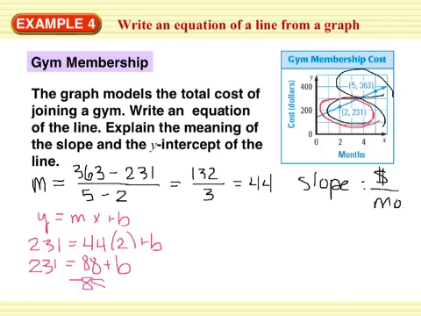Subtract 88 from both sides. And I get b equals 143. Now if you think back, I guessed b at about 150. So we're not bad. It's pretty close, right?